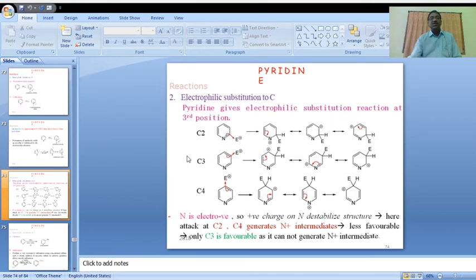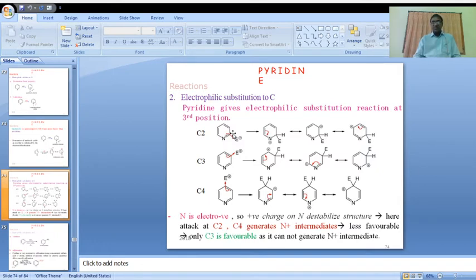Here, if the attack of electrophile, E plus positively charged species, is on C2 position. Before going to this C2, C3, C4, the electron density on the ring of pyridine is less when we compare with the pyrrole. In the last class we studied that in pyrrole the electron density is more on the cyclic ring.